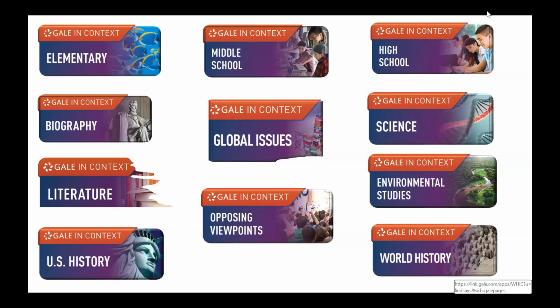Hey, Janelle, we're still seeing the grid of the various Gale In Context titles. I did switch the share. Okay, thank you. Technology is not my friend today. Yeah, it's been weird today. I'm in Michigan, and I just started to hear a rumble of thunder.